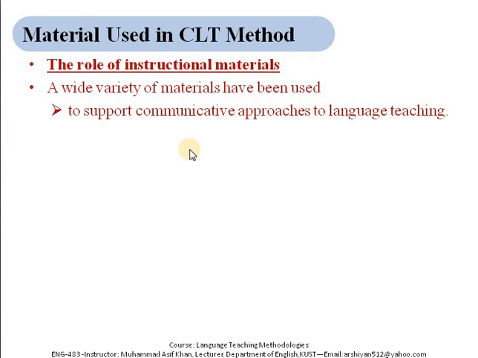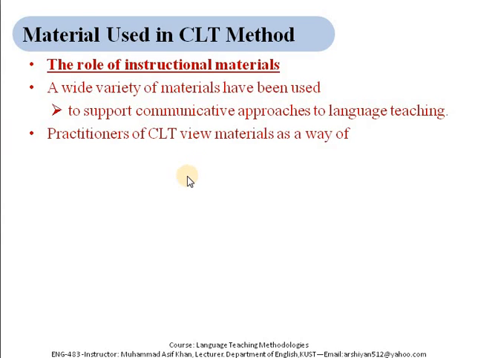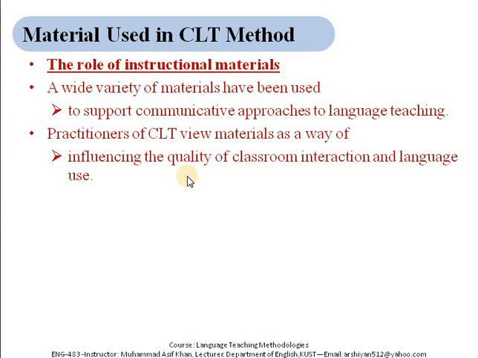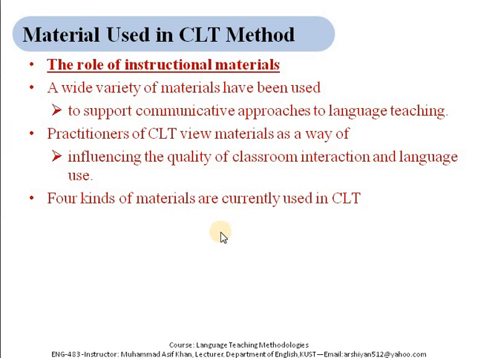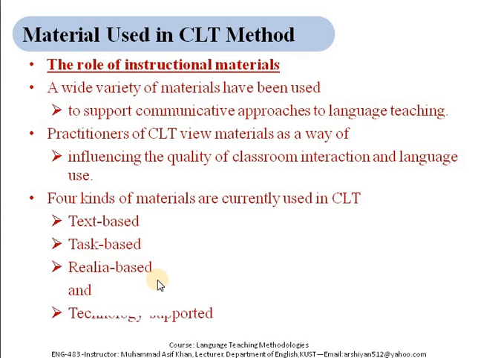So material has a primary role, the role of promoting communicative language use, and we consider four kinds of materials that are presently used in the CLT method: text-based materials, task-based materials, realia-based materials, and technology-supported materials. So these are the four types of materials that are used in the communicative language teaching method.